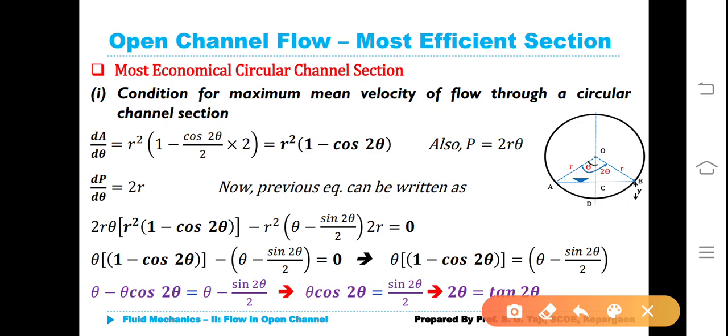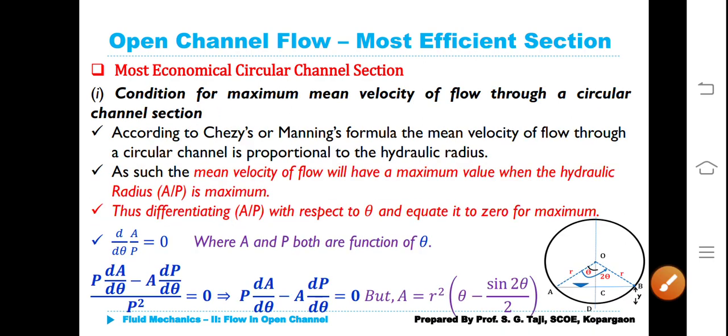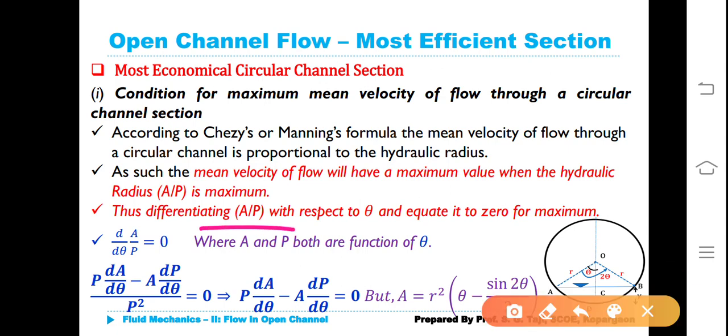Therefore, differentiating hydraulic radius R, that is equal to A by P, with respect to theta and equating it to 0 for maximum. That is, d by d theta of A by P is equal to 0, where A and P both are functions of theta, because both parameters will vary.